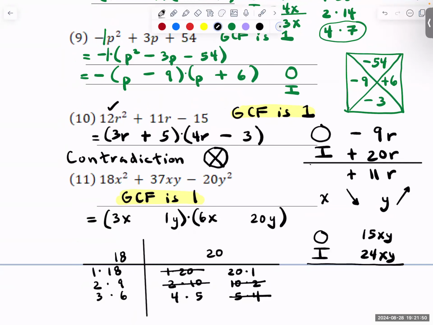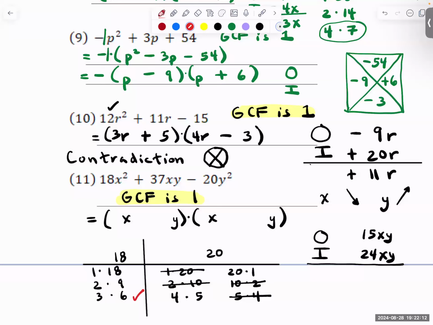Let's put a check mark by 3 times 6. We tried everything, or just cross it out. Now I have to try 2 times 9 as a product. That makes 18. Let's erase 3 and 6 and try 2 times 9.